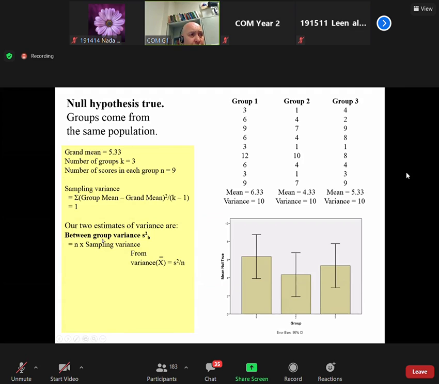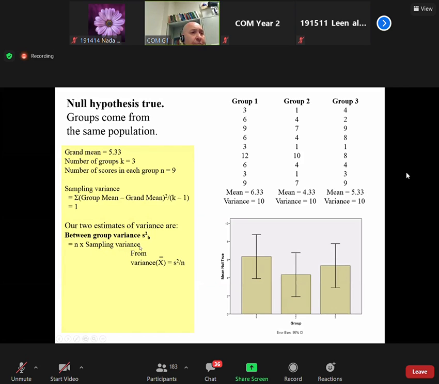Now, the between group variance we get by multiplying the sampling variance, which is what we've got here, 1, by the number in each of the groups. So there's 9 observations in each group. So it's going to be n times sampling variance. How did I get this formula?